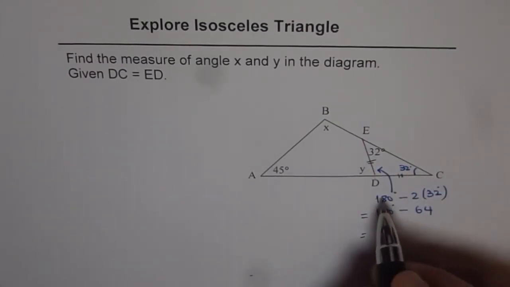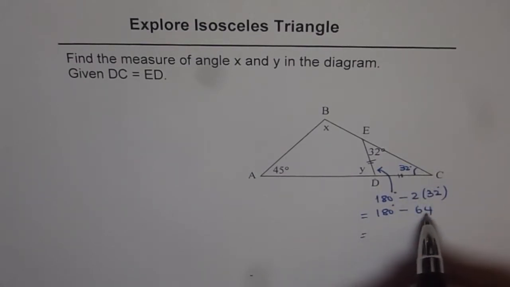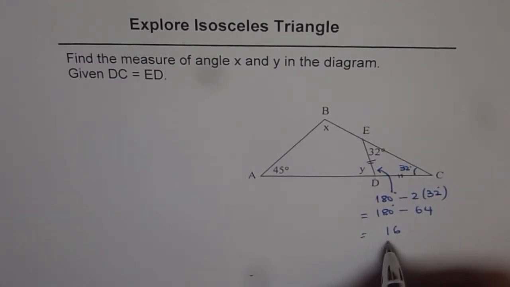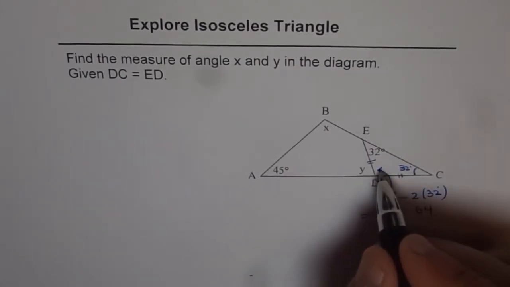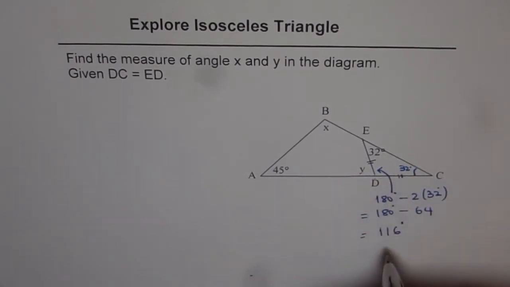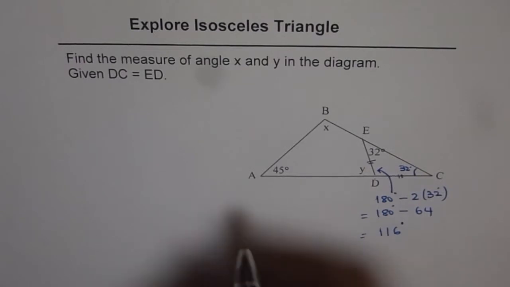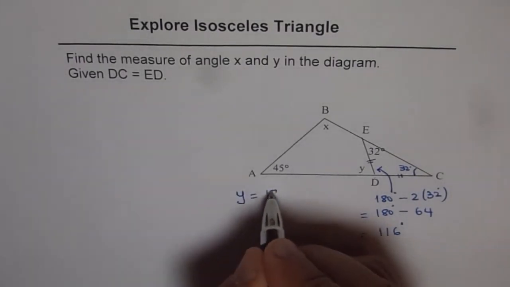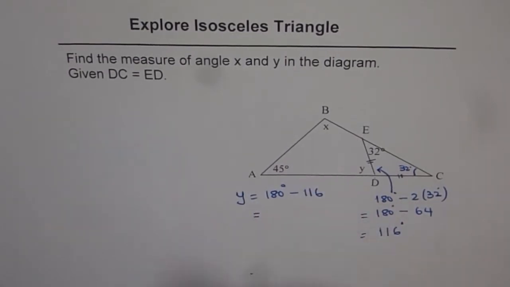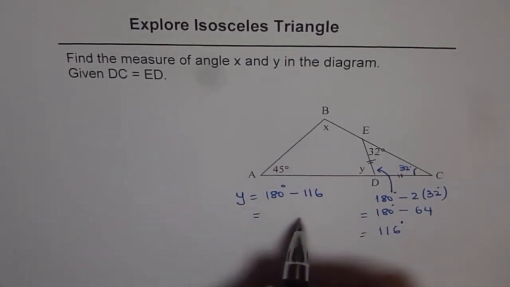So EDC is 180 minus 64, which is 116, right? So y should be equal to how much? Now we know that angle is 116, y should be 180 minus 116, correct? So y is 180 degrees minus 116, which we can calculate.